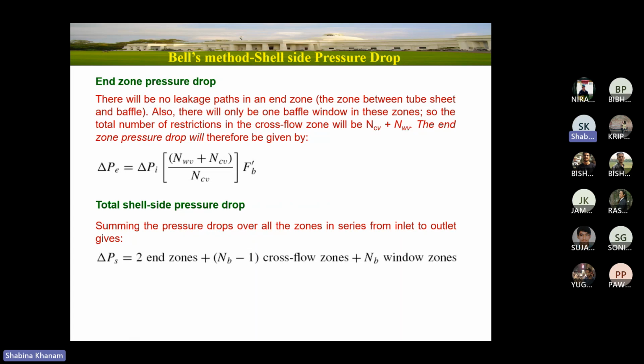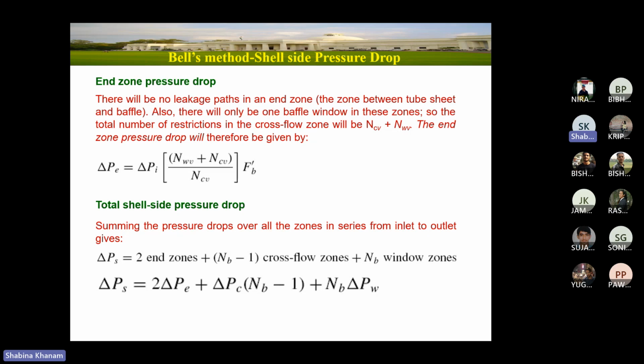Then the window zone: that will be equal to the number of baffles. We can consider the expression of each section and then calculate delta PS. In that way we get pressure drop and heat transfer coefficient on the shell side considering Bell's method.